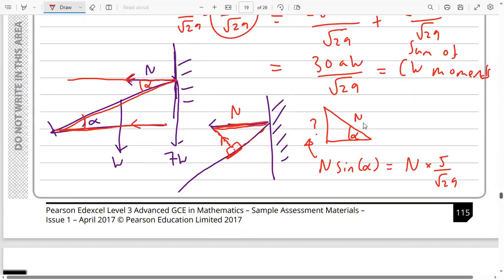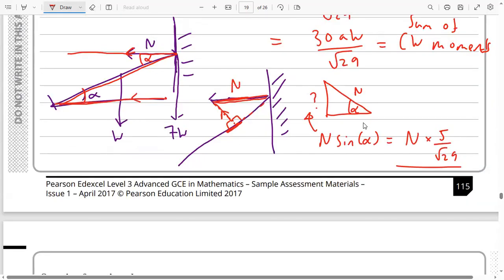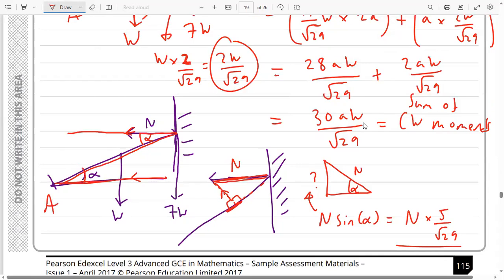Our anti-clockwise moment, we've only got one of them. There are no other forces trying to pull the ladder around anti-clockwise, so the sum of anti-clockwise moments is just that one: the perpendicular force times the distance. What's the distance from this fixed point A to the normal reaction force? It's 2A, because the ladder is 2A long.